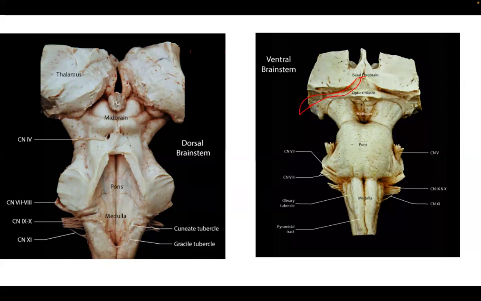The tegmentum holds the cerebral peduncles, which are essentially condensation of motor fibers that come from the cerebral cortex, posterior frontal lobe, down, motor and sensory actually, and then down into the midbrain, and then goes subsequently to the spinal cord.